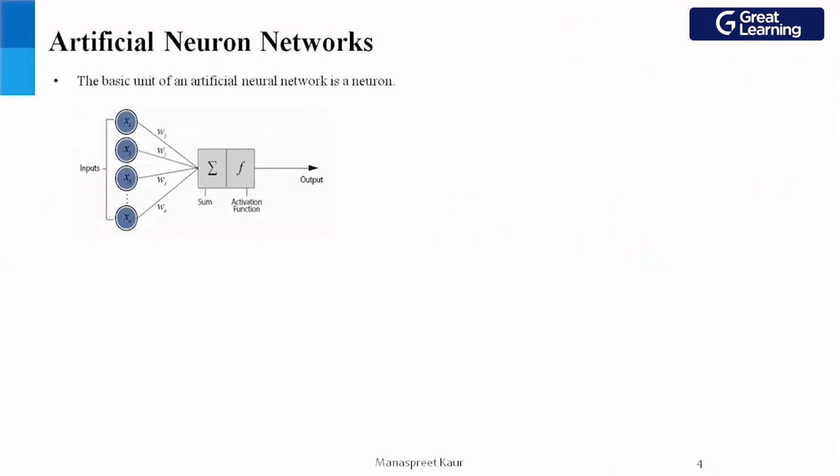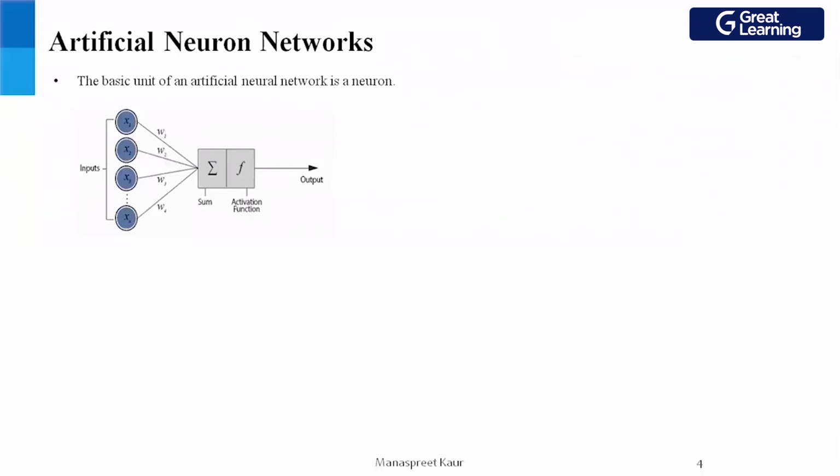So the inputs that you see here are nothing but the input data variables of the data set they are working with. Then there are certain weights which are applied to each of the input variables. The weights help the neural network tell the importance of each of the variables. This is also what we saw with the previous algorithms we learned.